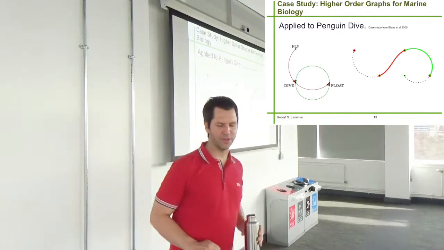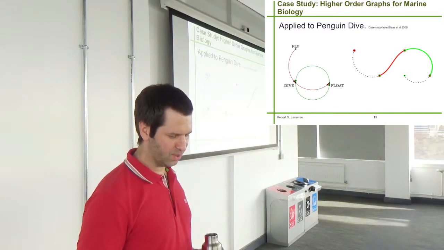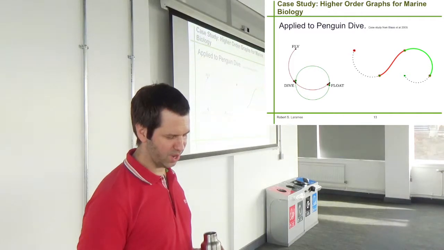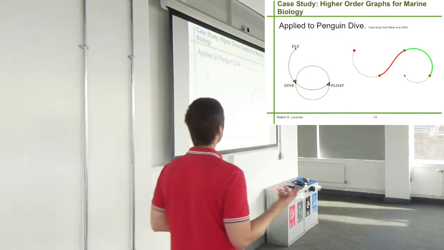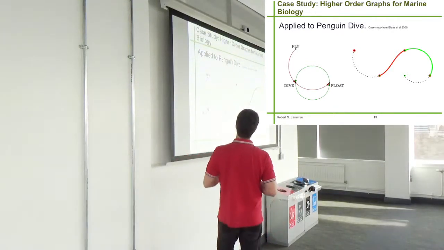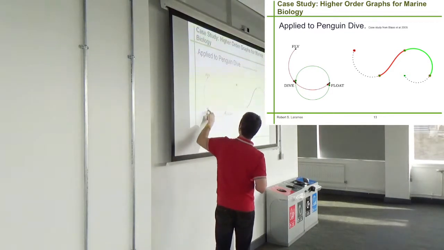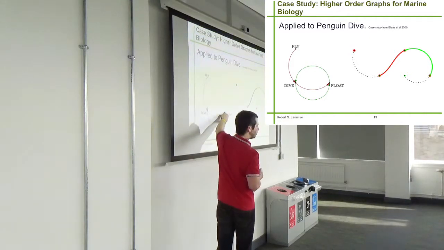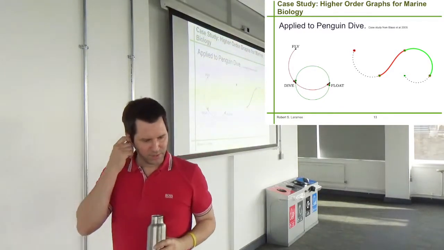It's something like a cormorant, a bird that can fly. So it can go from the float state to the dive state to the float state, but it can also go from the fly state to the dive state to the float state. And if we use straight edges to depict that same information, we wouldn't be able to make a distinction between this origin or this origin. I hope that makes some sense.